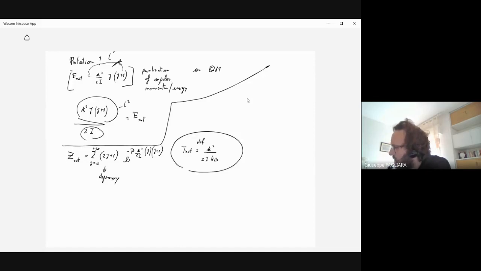So let's define this temperature as being h squared divided by 2I kB. And therefore here we have the sum from j=0 to plus infinity of 2j plus 1 e to the minus, and here you have the ratio between the two temperatures, T rotational divided by T, and I have not beta anymore, but I have j times j plus 1. Okay? So just to introduce a scale for the temperature as we did before.